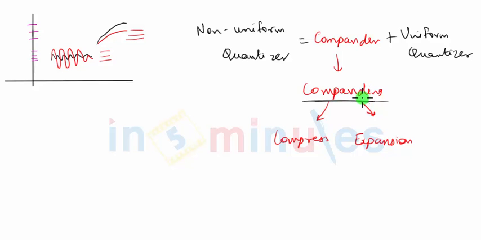In some countries, the companding is done using a system called mu law. Mu law is nothing but a name given to the compander, and in some countries, the companding process is done using A law. Let us see what the definitions of mu law and A law are and how they look. Mu and A stand for the parameters that we use in these processes.